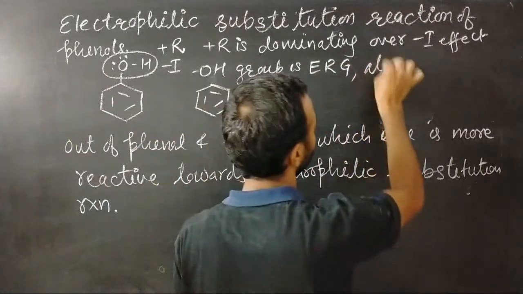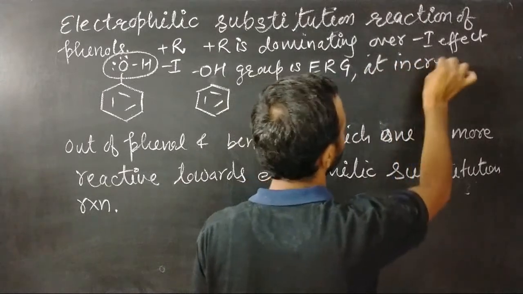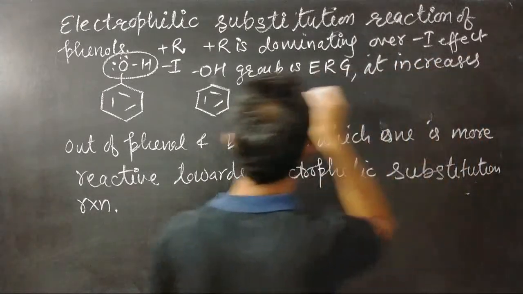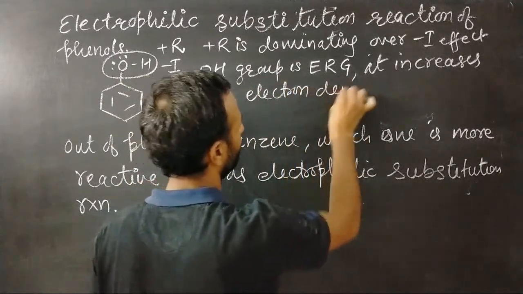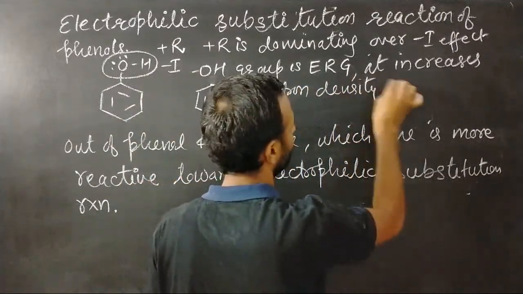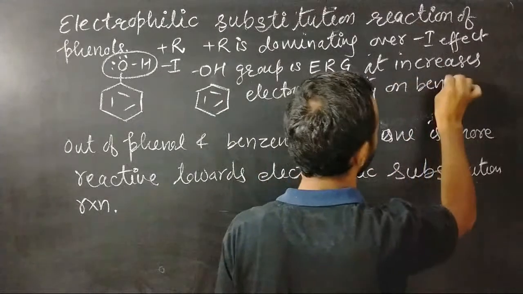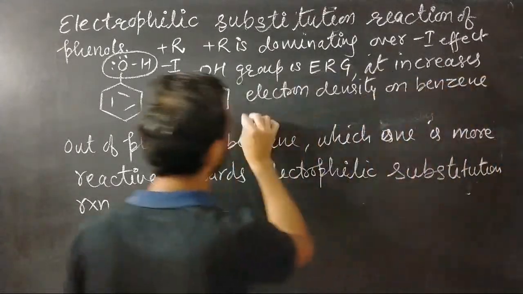So it increases electron density on the benzene ring.